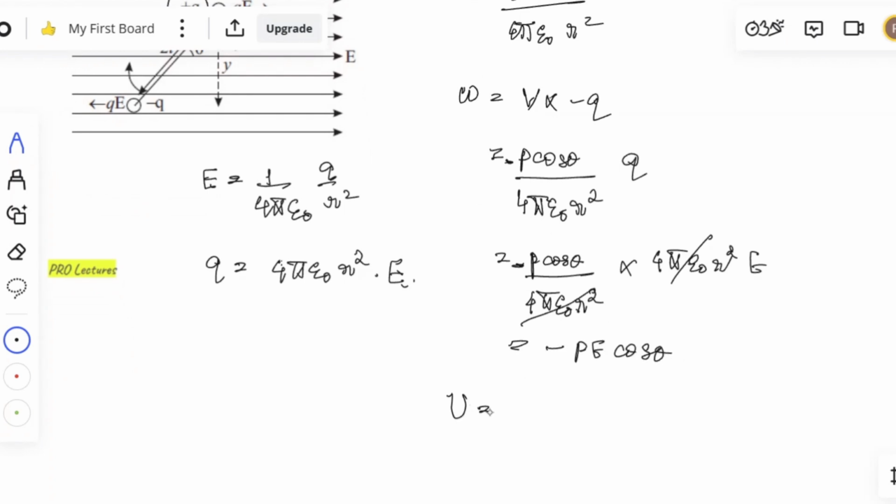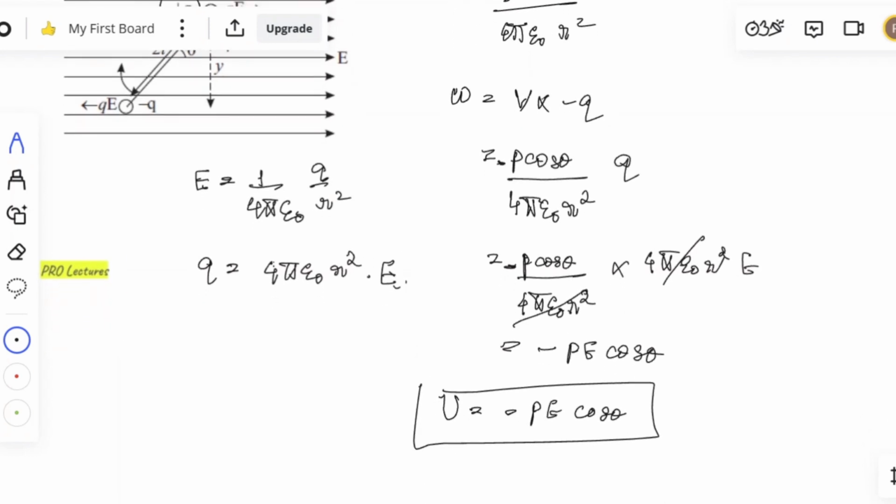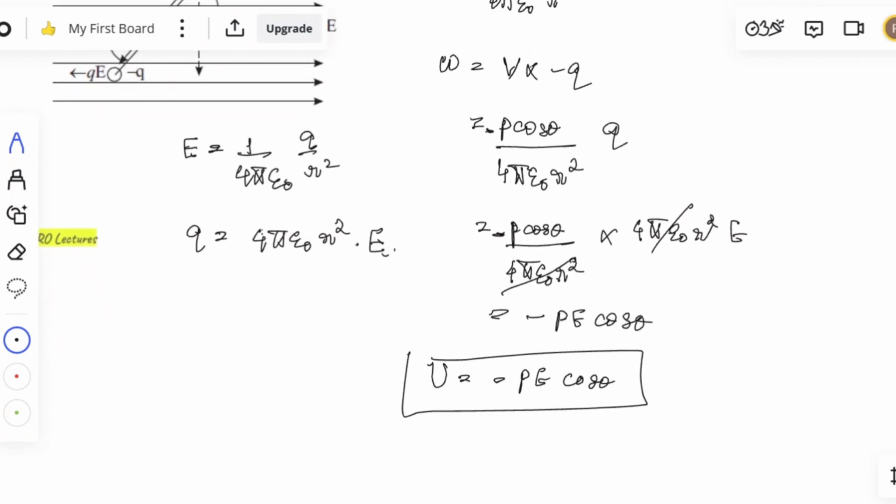So the potential energy is given by minus PE cos theta. Here P is the dipole moment, E is the electric field, and theta is the angle between the dipole moment and the field. The negative sign indicates that the system's potential energy decreases when the dipole aligns with the electric field.